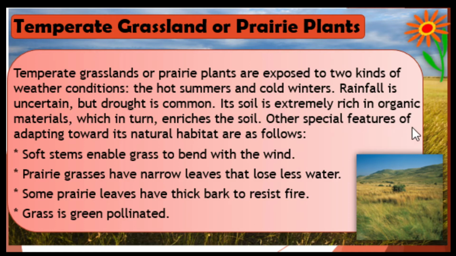Other special features of adapting toward its natural habitat are as follows. They have soft stems and enable grass to bend with the wind. Prairie grasses have narrow leaves that lose less water. Some prairie leaves have thick bark to resist fire. Grass is wind pollinated.